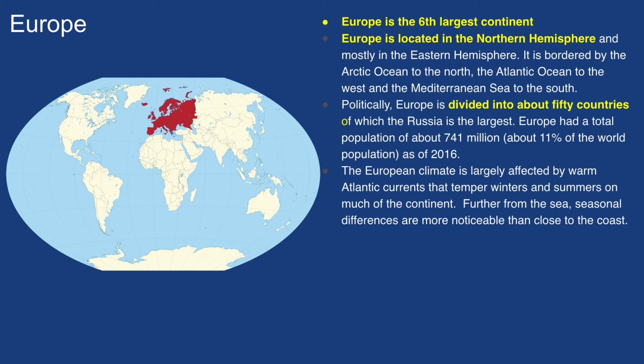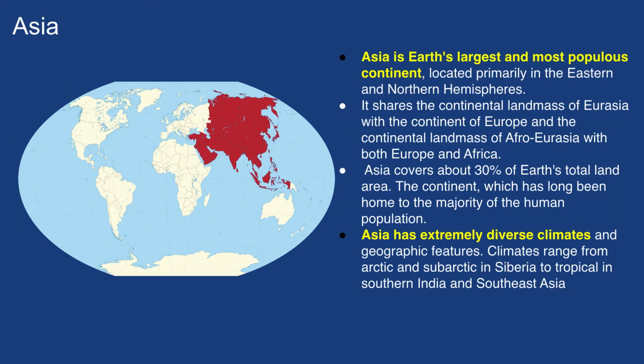Europe had a total population of about 741 million as of 2006, which is 11% of the world population. That is huge. The European climate is largely affected by the warm Atlantic currents that temper the winters and the summers, and then further from sea, seasonal differences are more noticeable than close to the coast.